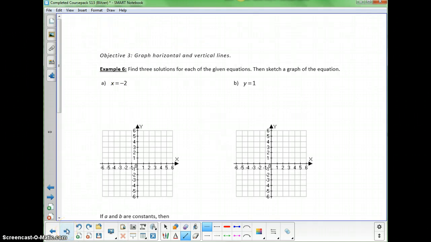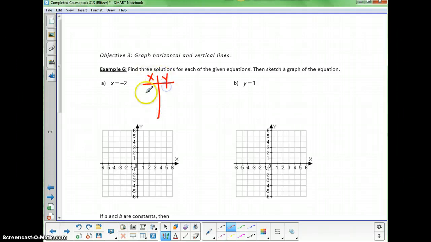Okay, so the next objective is about horizontal and vertical lines. How would I graph something like x equals negative 2? First of all, what do you know about x equals negative 2? Well, I know x is negative 2, but I don't know anything about y. It's kind of nice because there are no restrictions on y. Y could be 4, or it could be 8, or it could be negative 1.